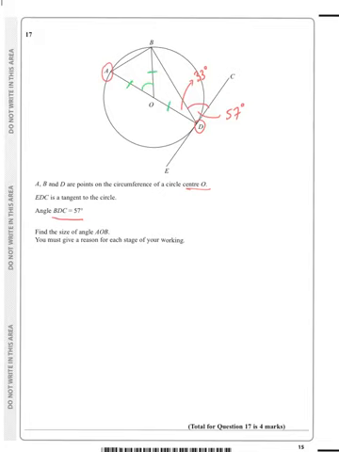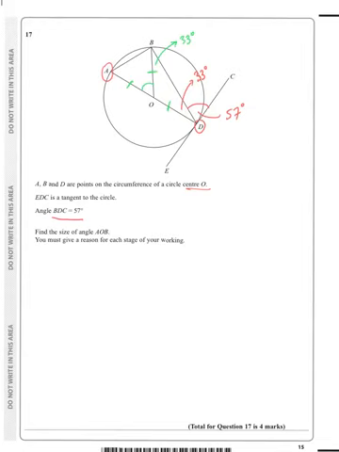Then that kind of opens up some more information, because this angle here must also be 33 degrees then straight away. And can you see why that's the case? Well, because it is a radius and this is a radius, they're the same length, this must be an isosceles triangle, and base angles of an isosceles triangle are equal.